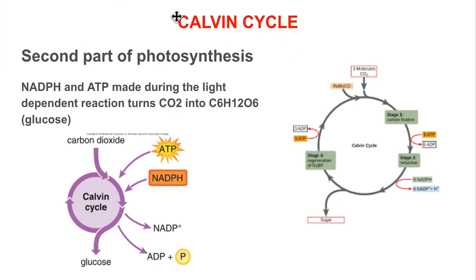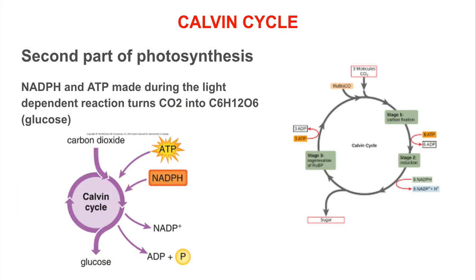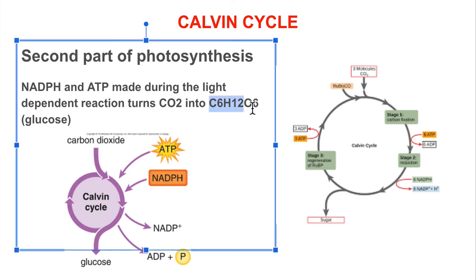Right, so our next one is called the Calvin cycle, or the light-independent reaction, but most people call it the Calvin cycle. This is the second part of photosynthesis, and what it does is it takes this NADPH and that little bit of ATP, and it turns carbon dioxide into glucose, basically.